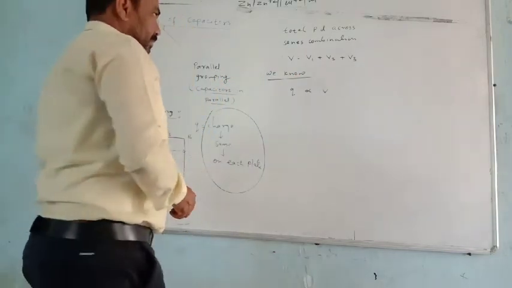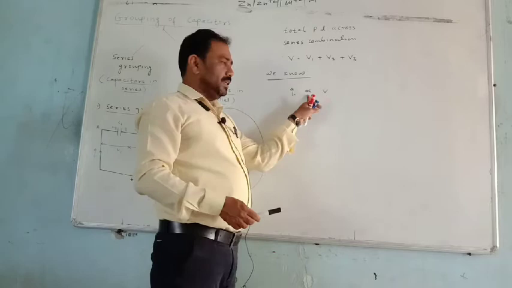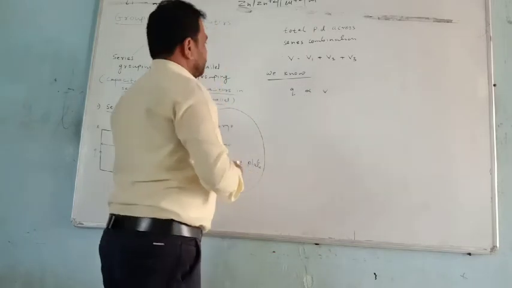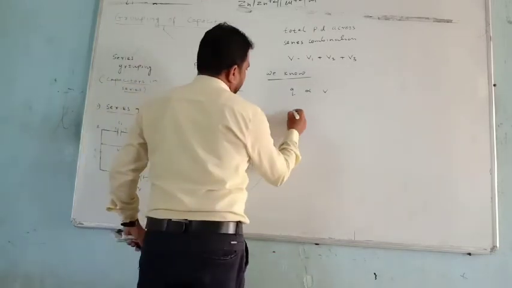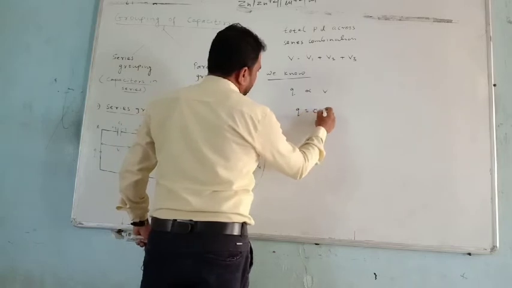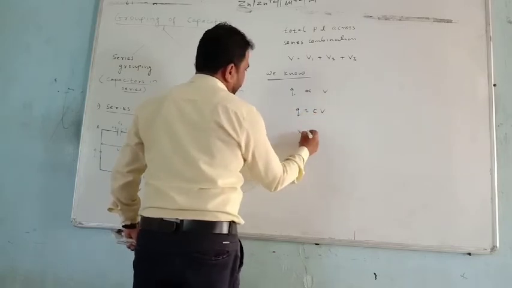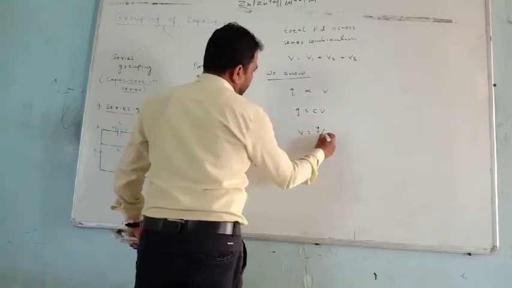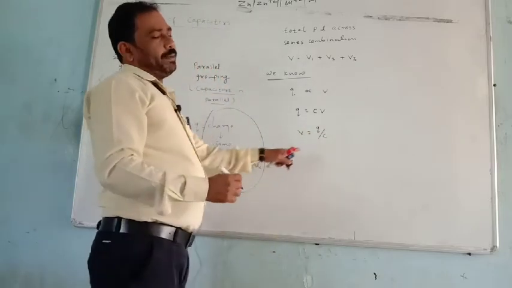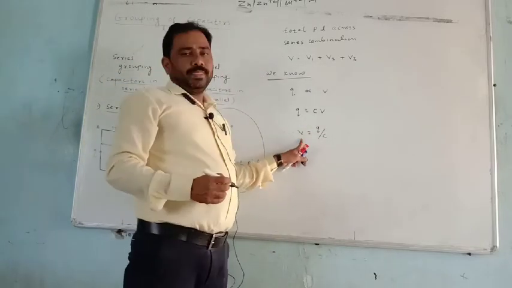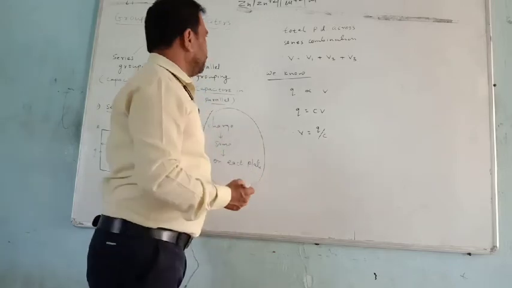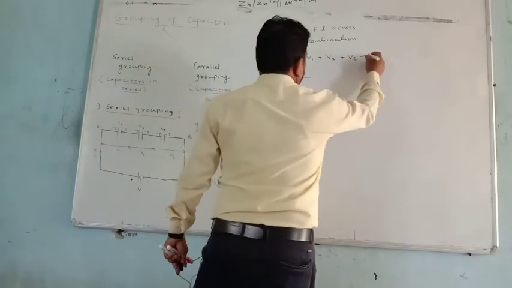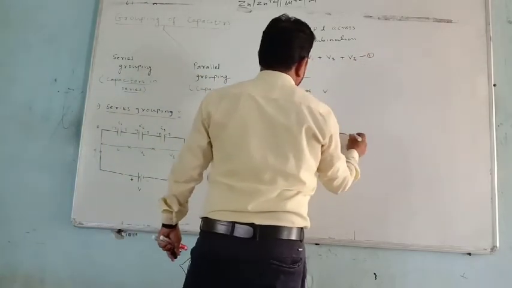So they are directly proportional to each other. Therefore we can write charge is equal to CV, and if we want to calculate V, then V equals Q by C. Suppose this one is the first equation, and this is the second equation.